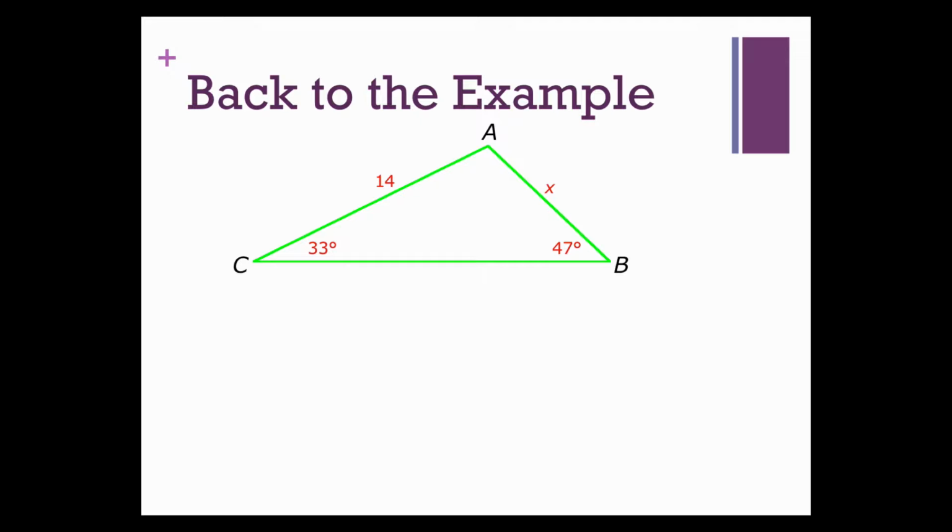Or a side length greater than 14. Well done. So we know now, based on what Natalie just told us, that if your answer makes sense, it should be somewhere between 0 and 14. It's got to be greater than 0 because we don't deal with negative lengths in this class, and it's got to be less than 14 because of the small, medium, large theorem.